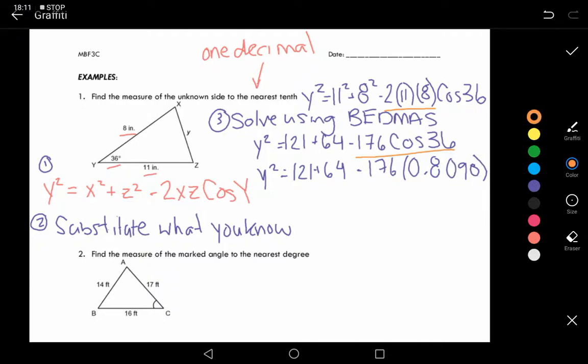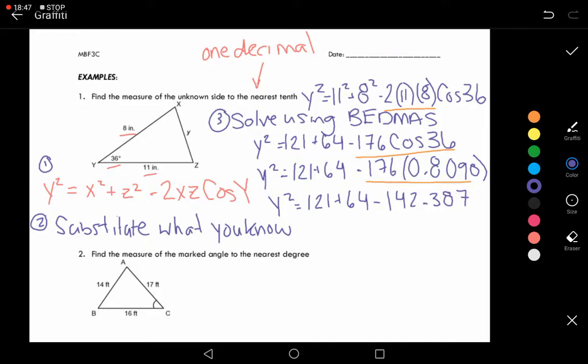Okay, again, that is still multiplication here, so we need to finalize that. So we have y squared equals 121 plus 64. We're taking that cos 36 that we just evaluated and multiplying it by 176, which gives me negative 142.387.